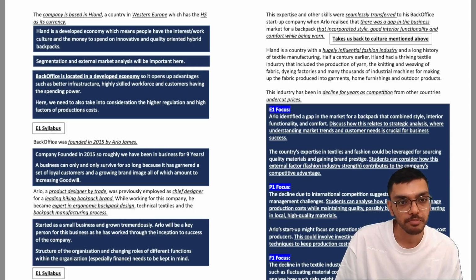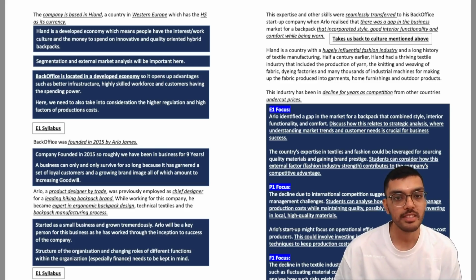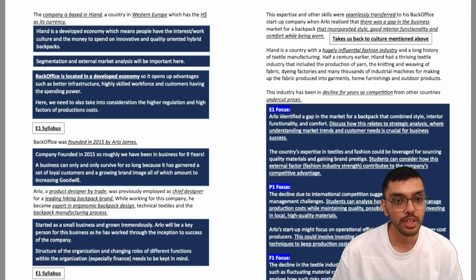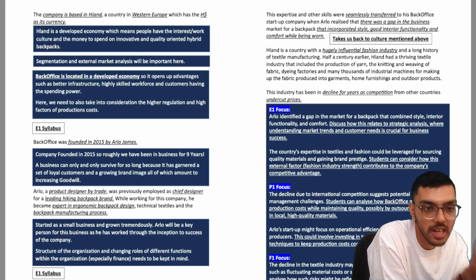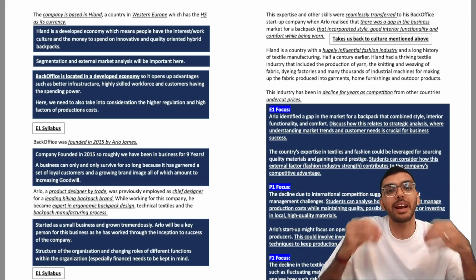Remember that. So Arlo, a product designer by trade, was previously employed as chief designer for a leading hiking backpack brand. While working for this company, he became expert in ergonomic backpack design, technical textiles, and backpack manufacturing processes. So he was working within a company where he was chief designer, so he had the knowledge of backpack design.